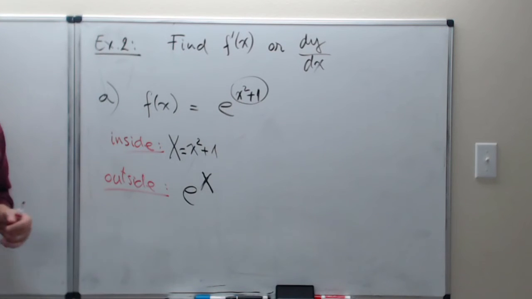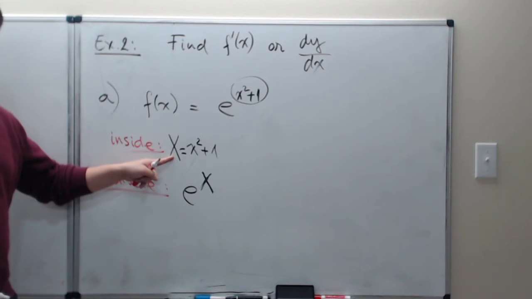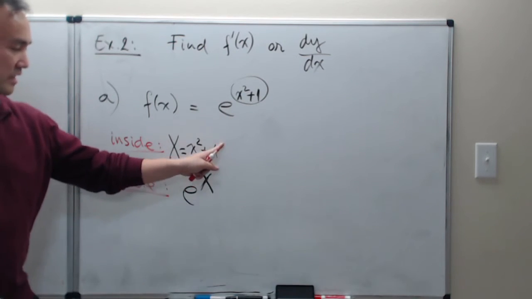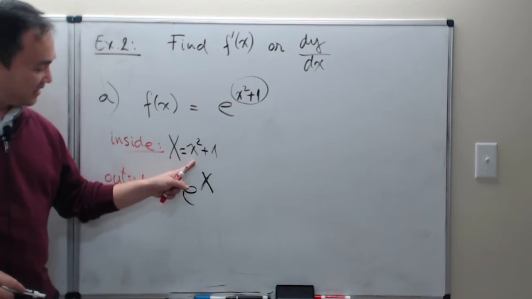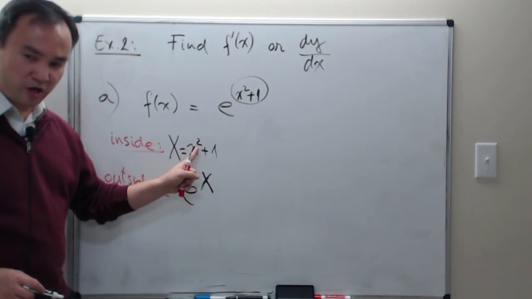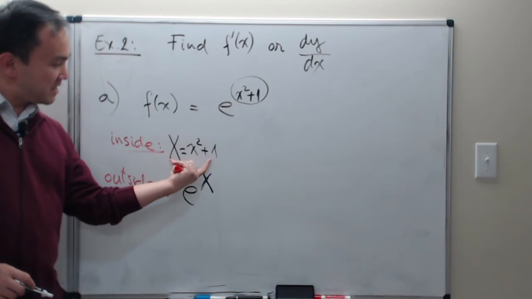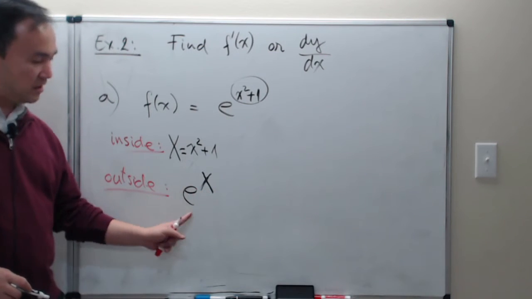This is my lowercase x, and this capital letter X represents a different variable now, and I recognize the entire x squared plus 1 to be my inside function. Then I assign all that expression to the capital X variable. Once we've made that substitution, the entire problem became e to the capital X. So now it looks pretty ordinary.